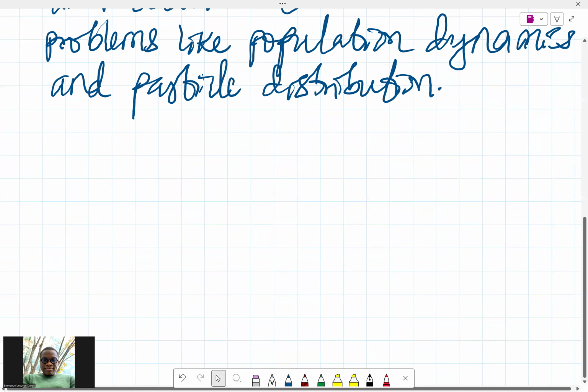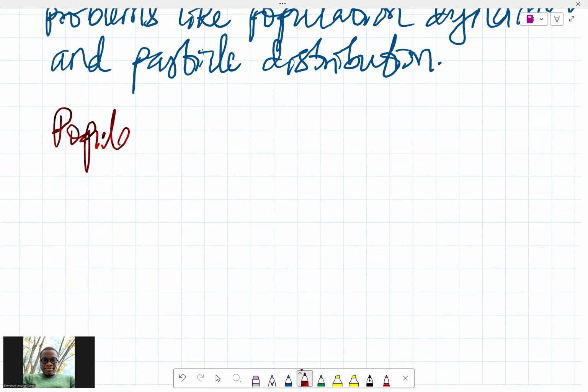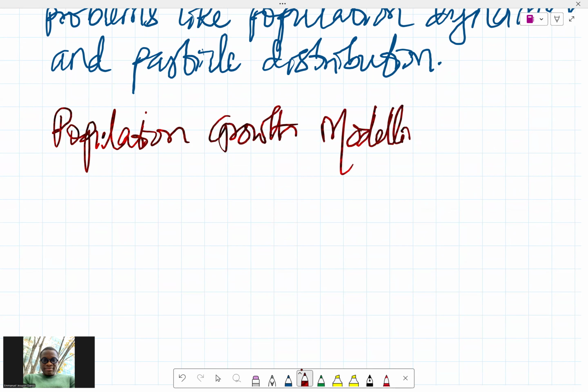So having said this, let's consider an example in biology, which is about population growth modeling in biology.